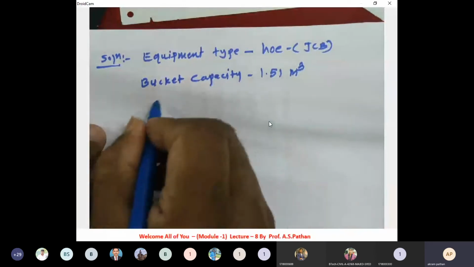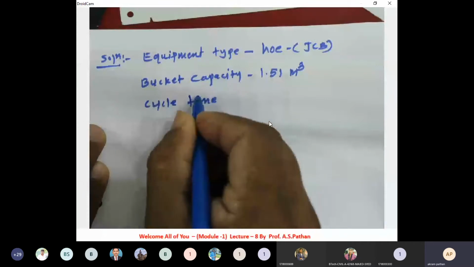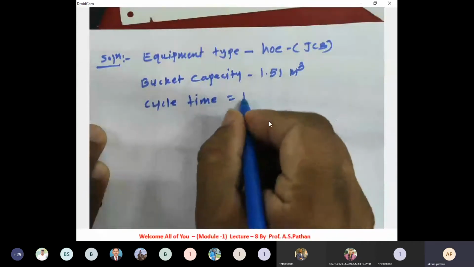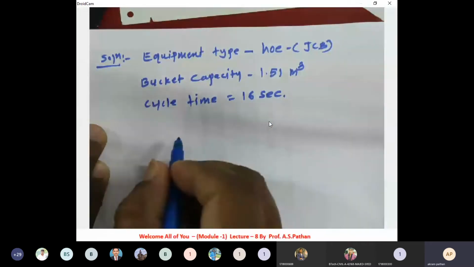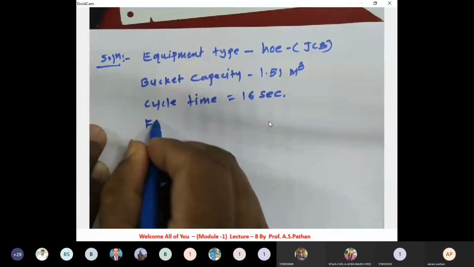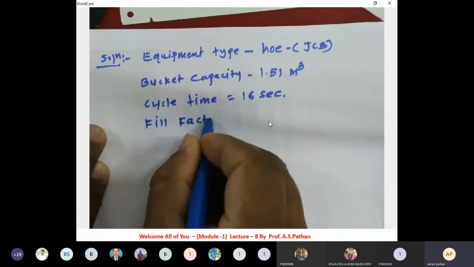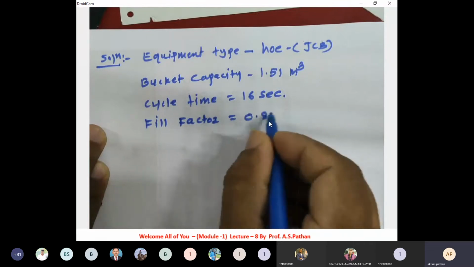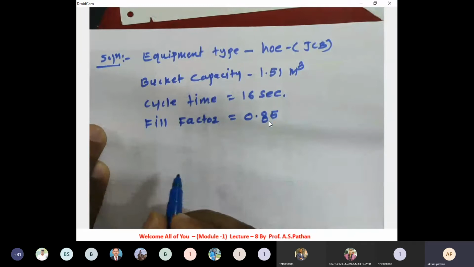Then cycle time is given in the problem, 16 seconds. Then the fill factor is given, 0.85. 0.85 is the fill factor.